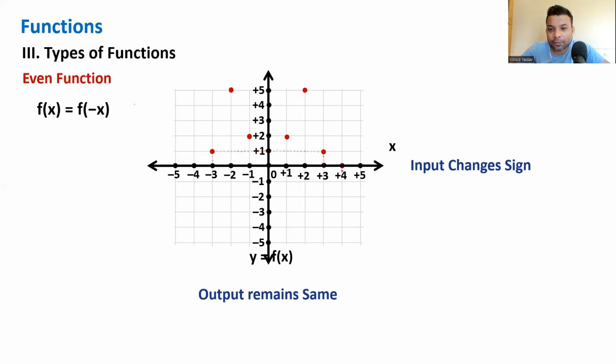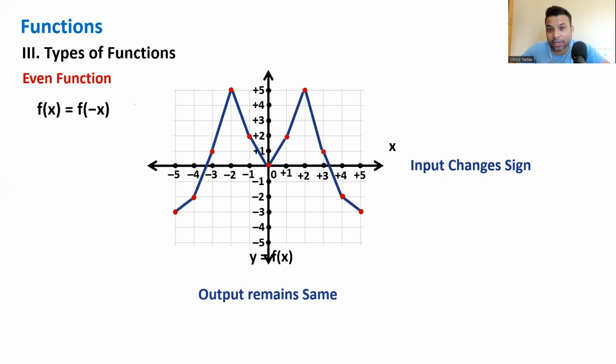Did you see this? Input is 4, output is -2. Input became -4, output will still be -2. Output should not change sign, right? Input 5, output -3. Input became -5, output is still -3.